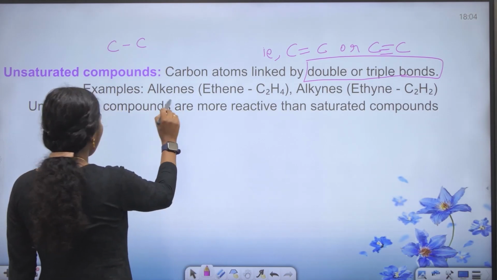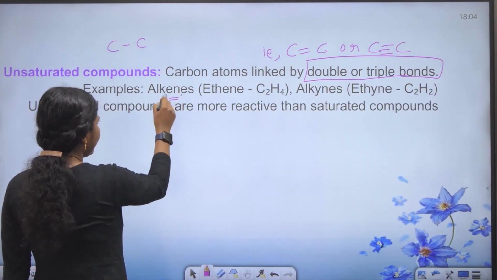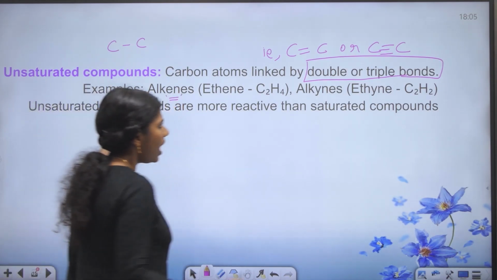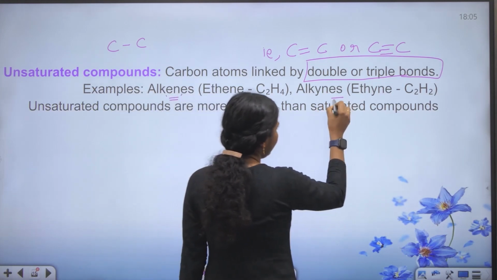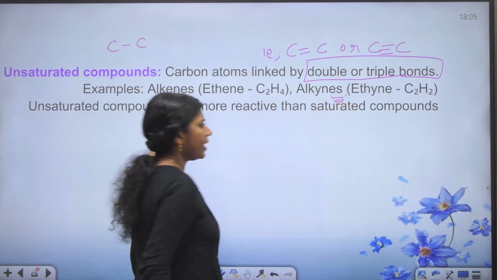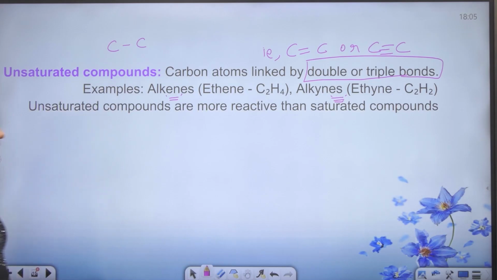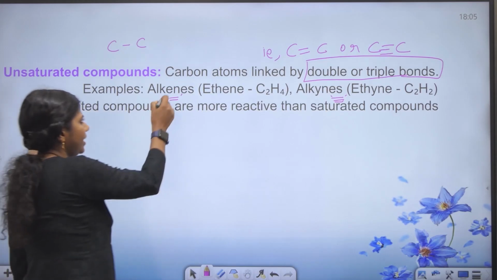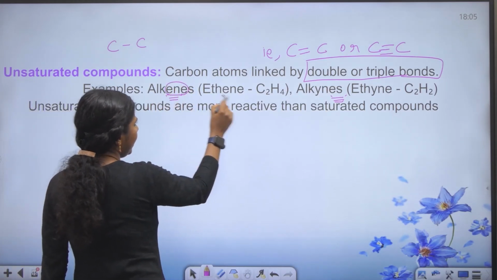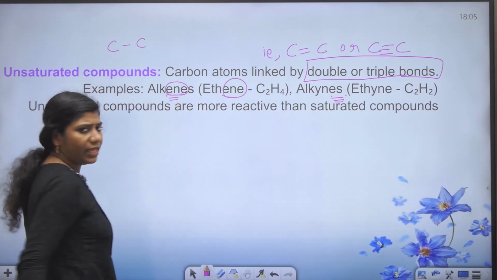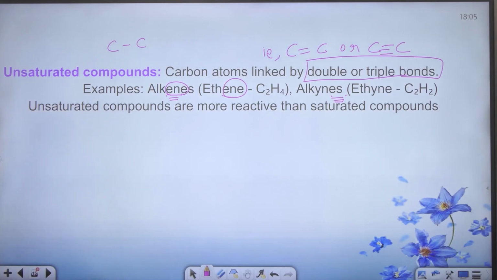Alkenes are double bonded compounds and alkynes are triple bonded compounds. The name of an alkene ends with ene. Ethene is an example of an alkene.